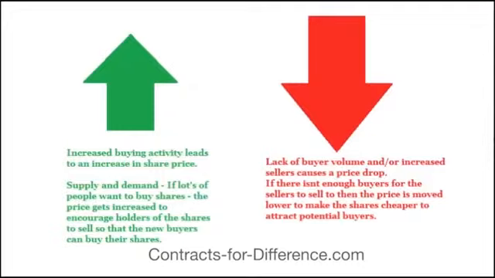So if something's £1 a share and there's loads of people trying to sell and there's no one buying at £1 a share, then they need to let people sell. So what will happen is they will move the price down, make the shares cheaper to attract buyers. So eventually you will get a point where buyers match sellers, and then the share price will stop falling. It's all to do with supply and demand, but more on this another time.